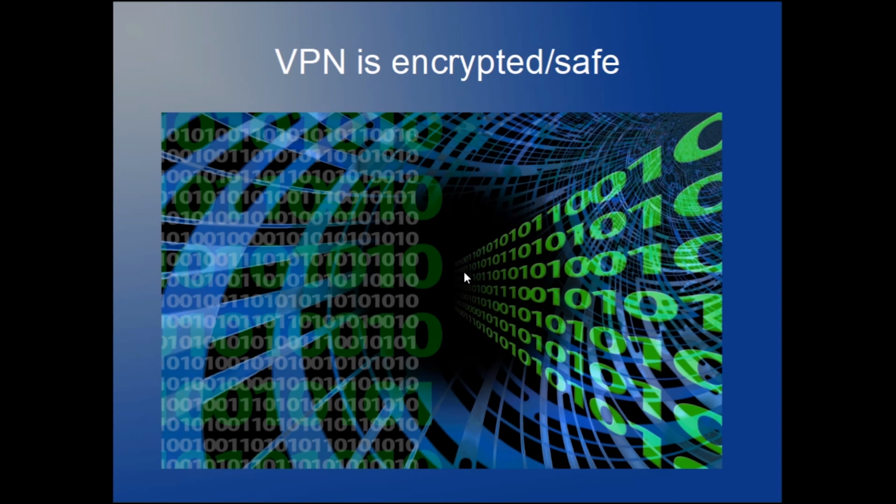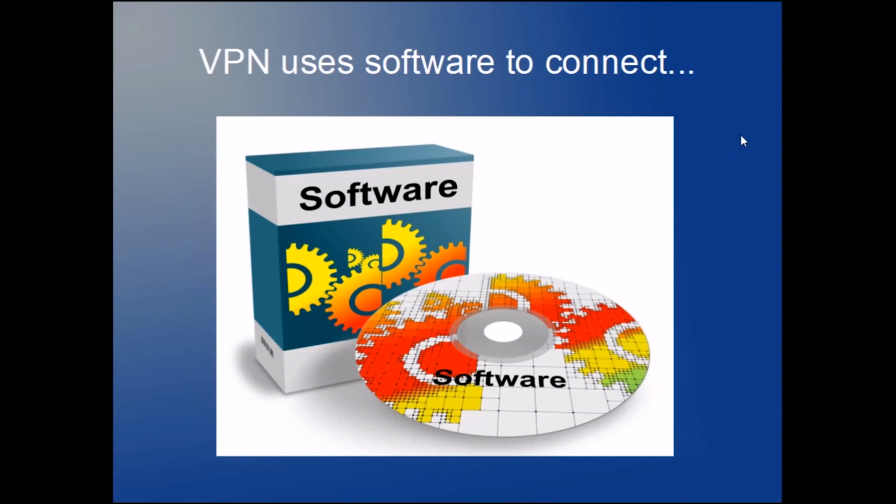This is where authentication comes in, in a couple of different forms, right? The first thing that we need to have is software. VPN uses software. You basically open up this software that's installed on your computer, and it will typically ask you for authentication, meaning login and password.